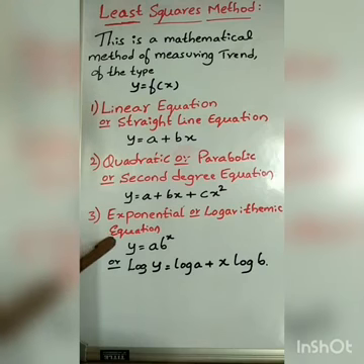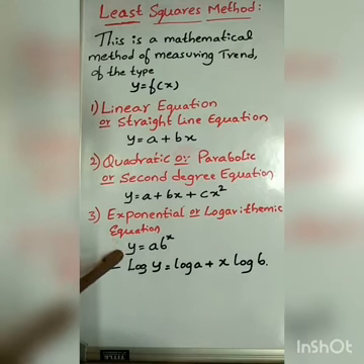exponential or logarithmic equation. Once when we are calling exponential equation, it is of the form y is equal to ab to the power x. Observe carefully, to the power x, it is not whole to the power for a and b, it is just b to the power x. Carefully it has to be observed. And this equation, by applying logarithm, you know already how logarithmic equations are to be written.